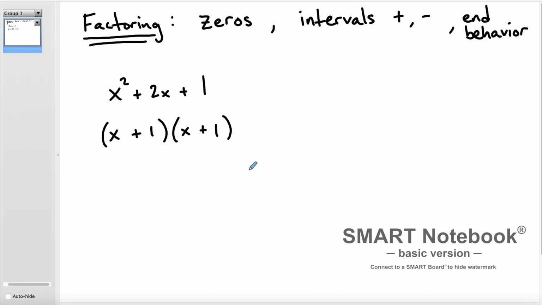In this case, we have a double root, right? Both scenarios here, x plus 1 equals 0. Solve for x equals negative 1. So I've found my 0, and in fact, there are 2 zeros at the same spot. This we call a double root.